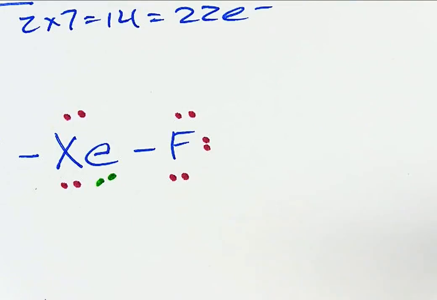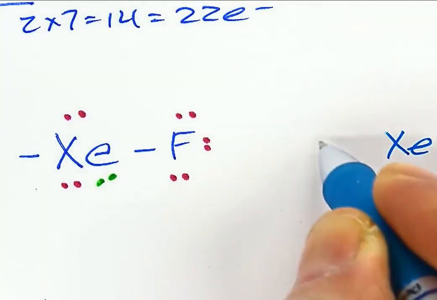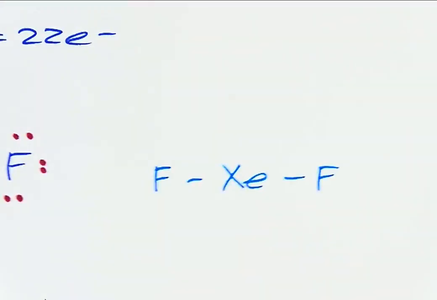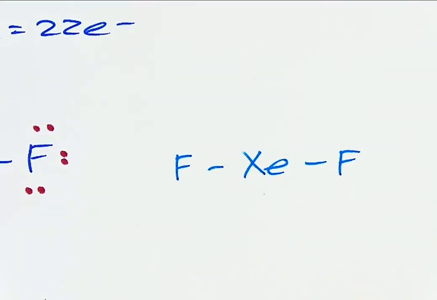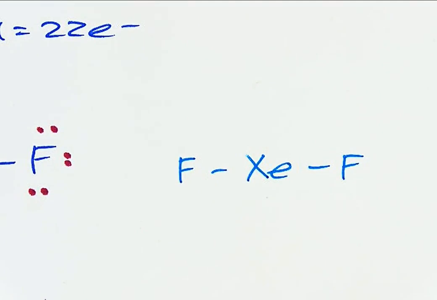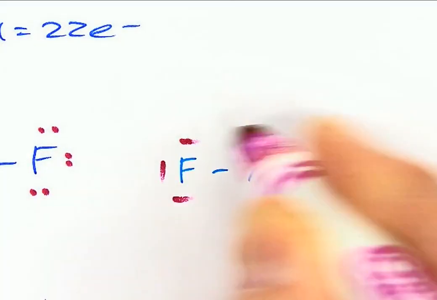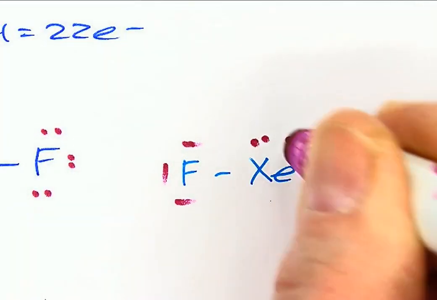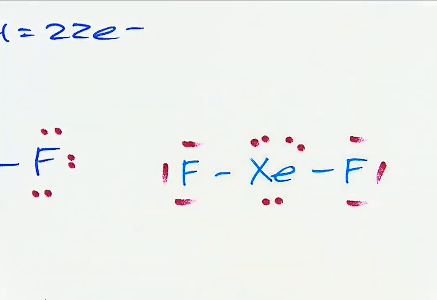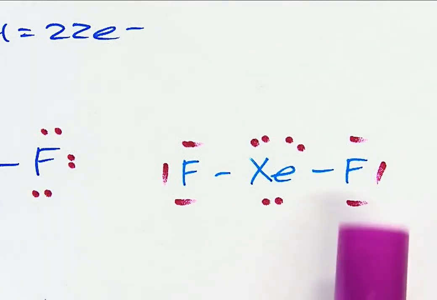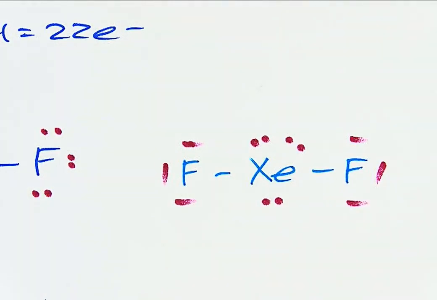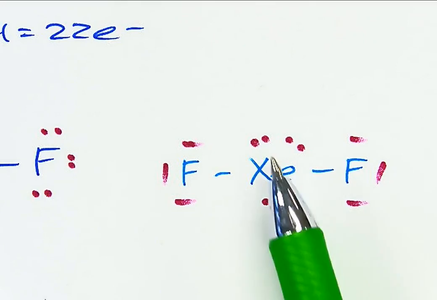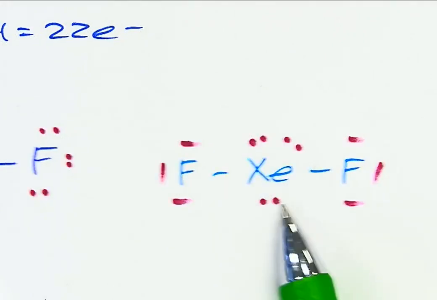What we would probably draw, though, is a structure like this, with the F's, and then I'm going to cheat a little bit and draw those things like that. But probably the 6 would go around like that. You should draw those as dots, but I want to save time on the video. So that's really what we have, and still there's 2, 4, 6, 8, 10.